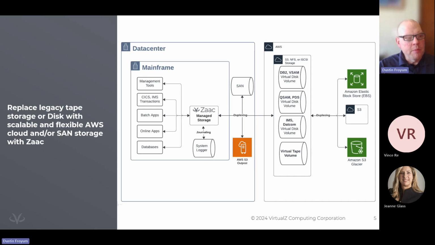Vince, what I'm hearing in the market much more often is about data resiliency too, right? Using Zaac in either disk mode or tape mode to have secondary, tertiary, even quaternary copies. And while we're talking about AWS here, really all of our products are cloud agnostic.